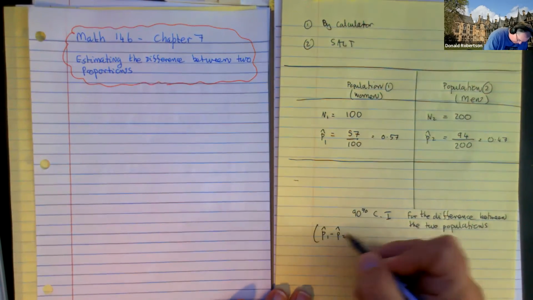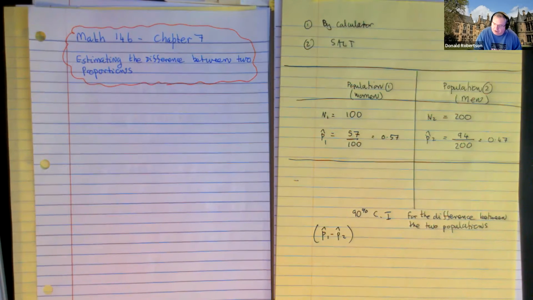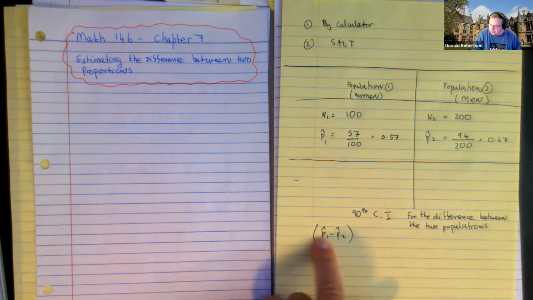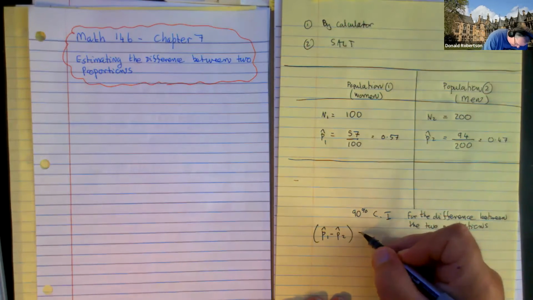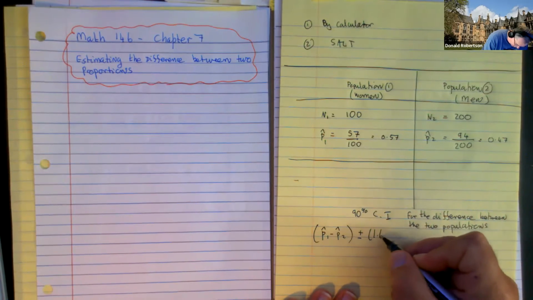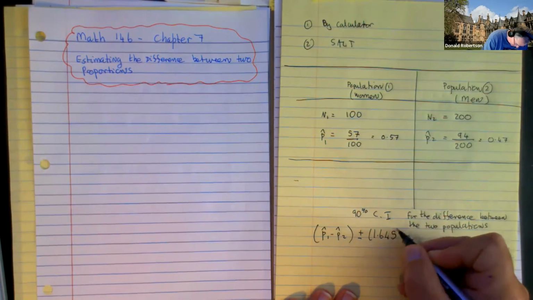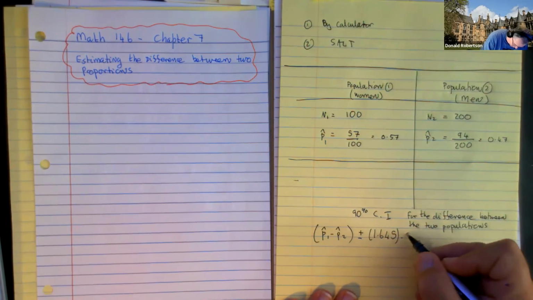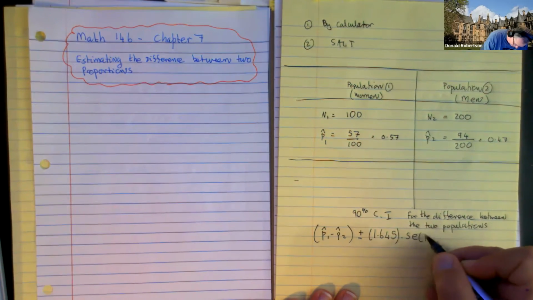So P1 hat take away P2 hat. Oh, that's pretty obvious. Would you agree that's the difference between the two, right? Plus or minus 1.645 times the standard error.